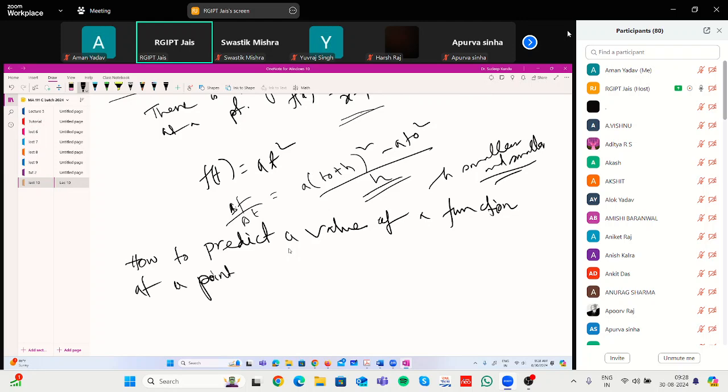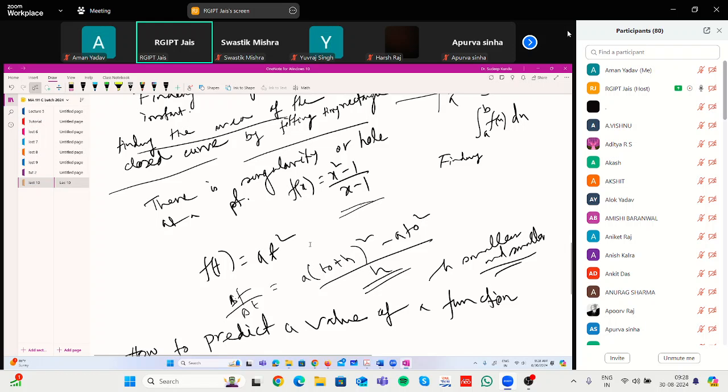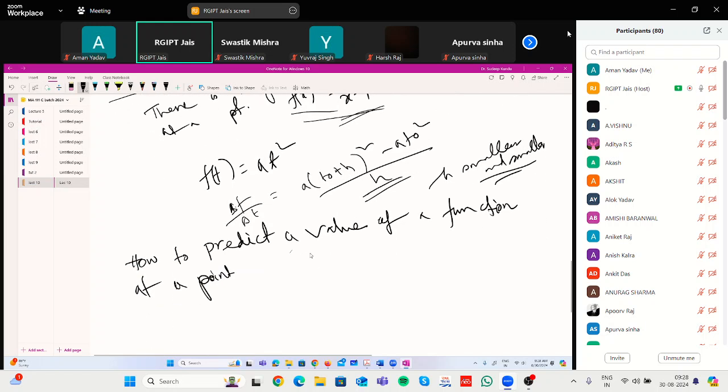Suppose here the point is x equals 1 in this example, which may or may not be in its domain.